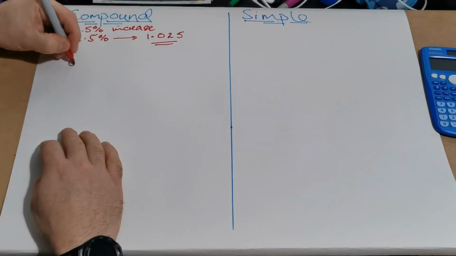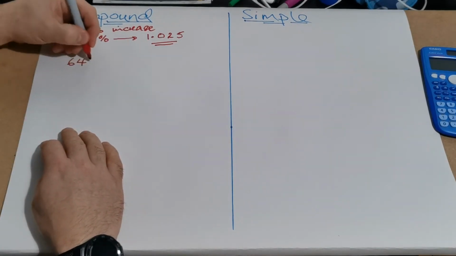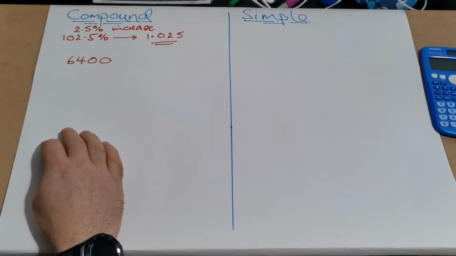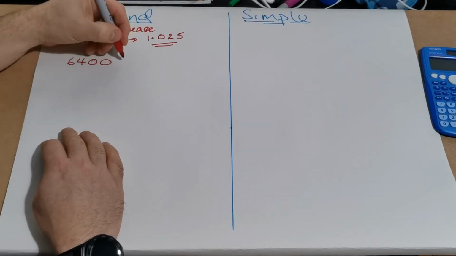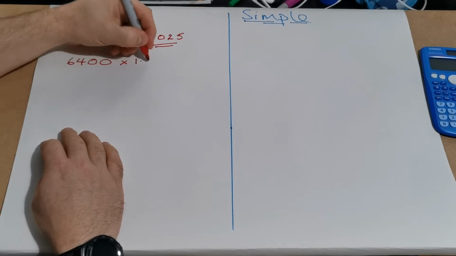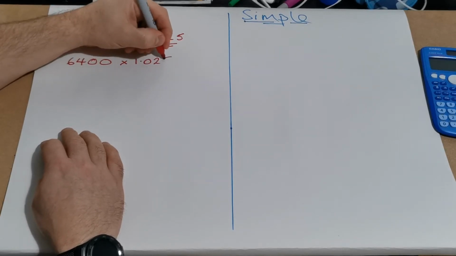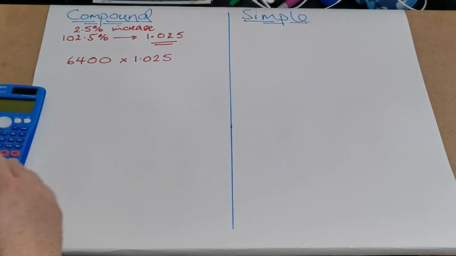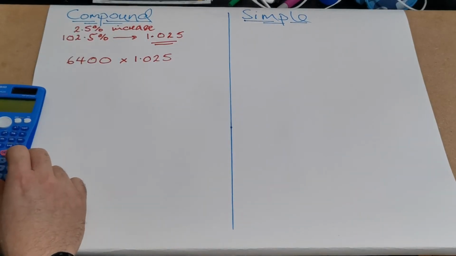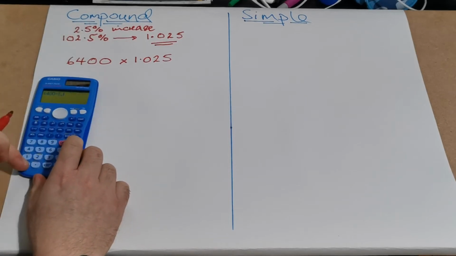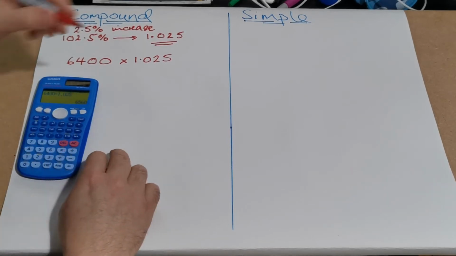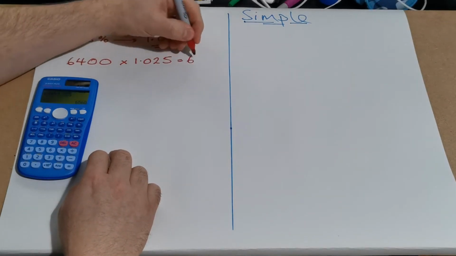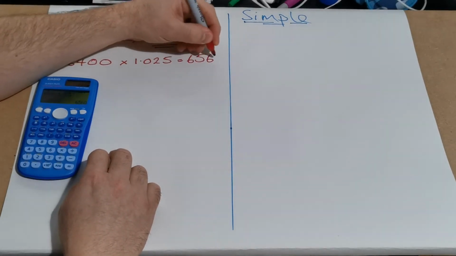So if we start off at 6,400 and we times by 1.025, you'll find that after the first year we will have 6,400 times 1.025, so that's £6,560.